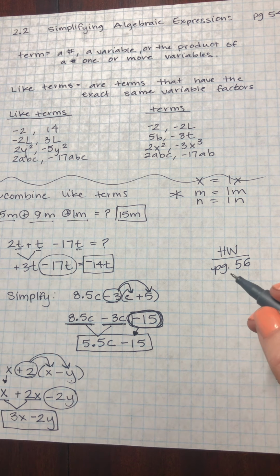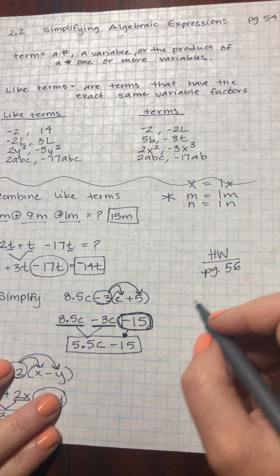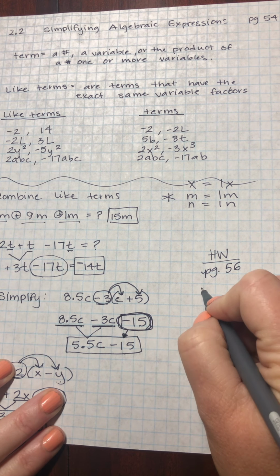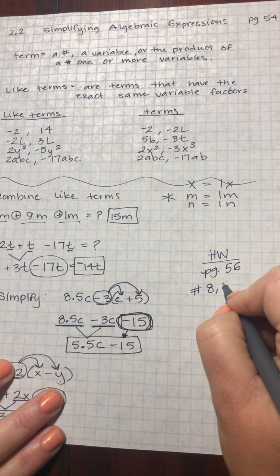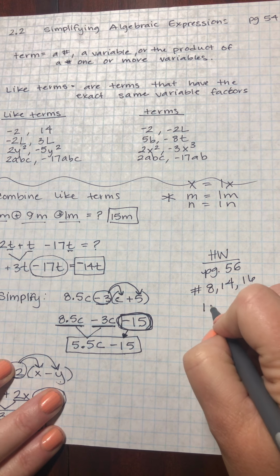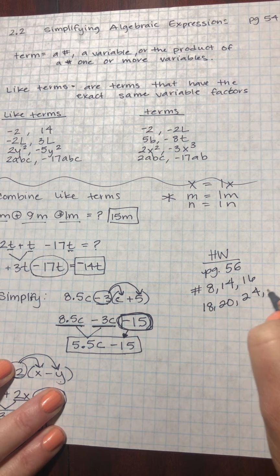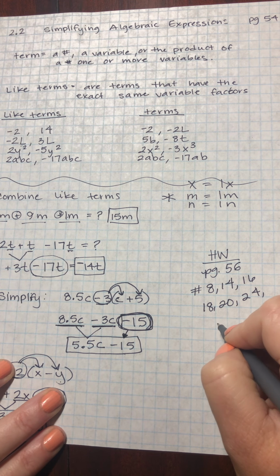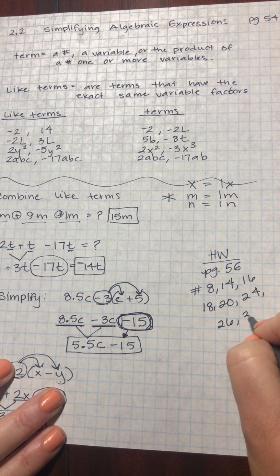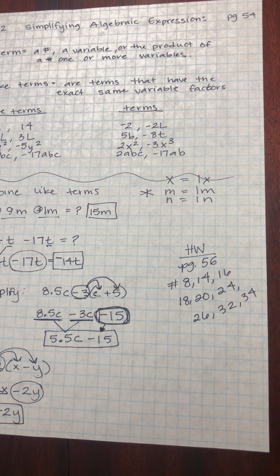I'm going to kind of jump all over the place actually. Evens and odds don't look great on its own. So we're going to do numbers 8, 14, 16, 18, 20, 24, 26, 32, and 34. 9 problems.